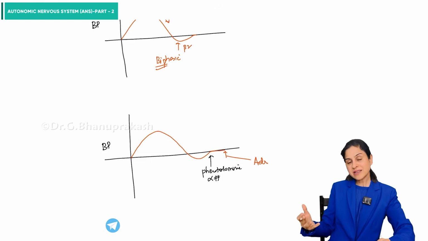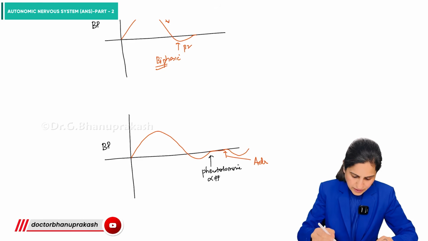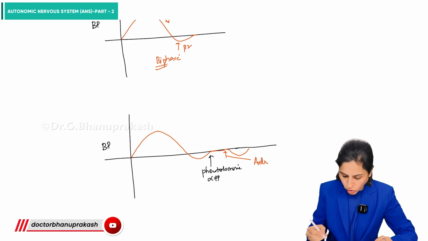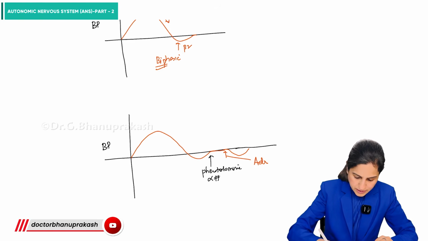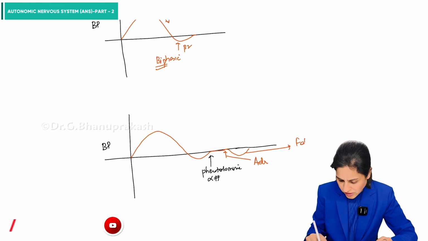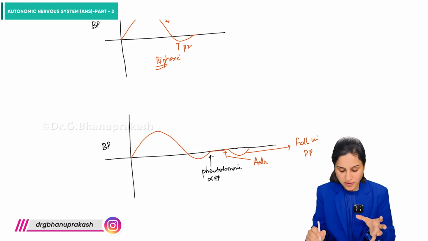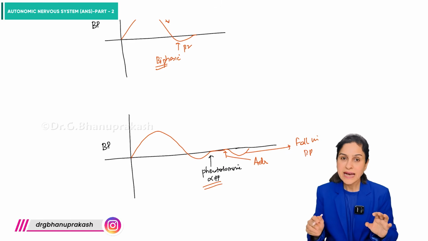So what do you think the response will be? The graph that we get after this is somewhat like this, right? So only what is visible to us here is a fall in the blood pressure. There is a fall in BP. There is no rise in BP. Why is there no rise in BP? Because your alpha receptors are blocked by the alpha blocker.